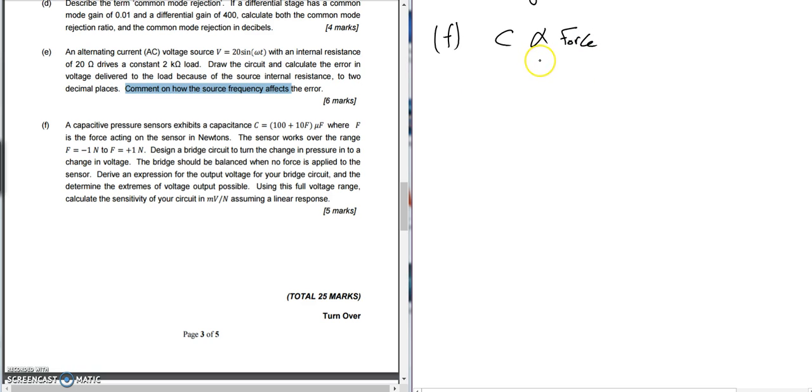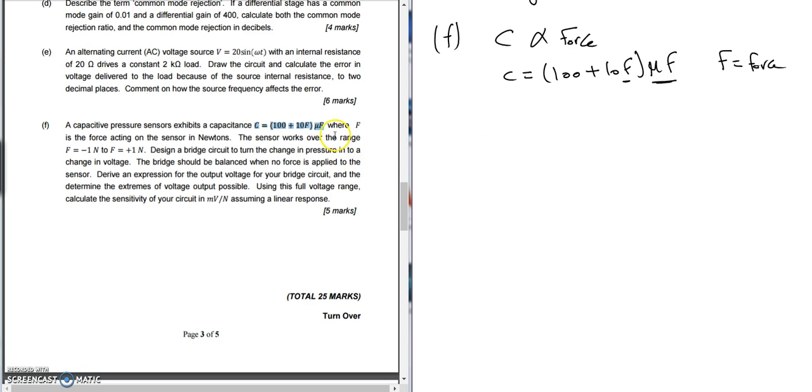So in this, the relation is given as C is equal to 1 plus 10F microfarad. This means that we have a sensor. The sensor is exactly like a capacitor. It's a capacitor that changes with force. So F is equal to the force applied, and the unit of which is microfarad.